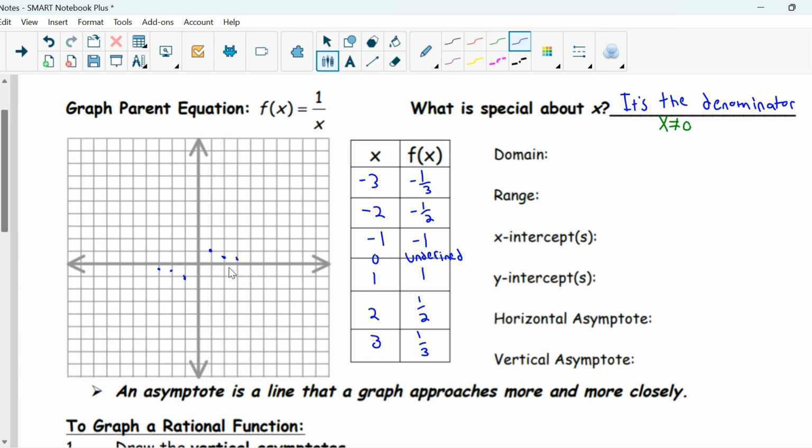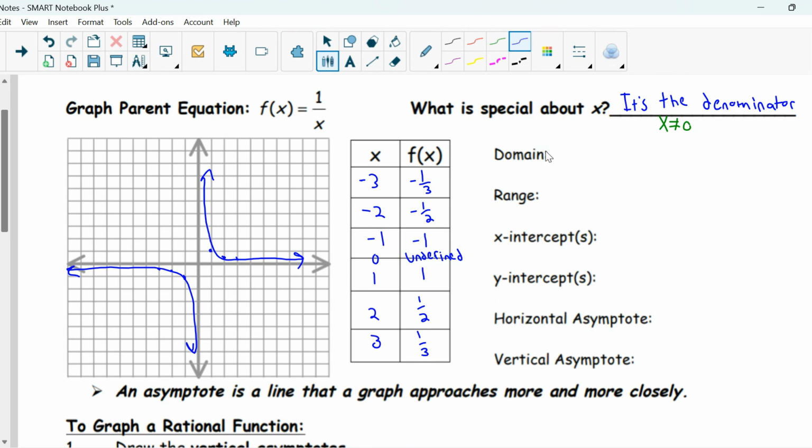And actually, the graph that this ends up creating looks something like this. So in a way, it kind of looks like two separate exponential functions. So let's go through and answer some of these questions.